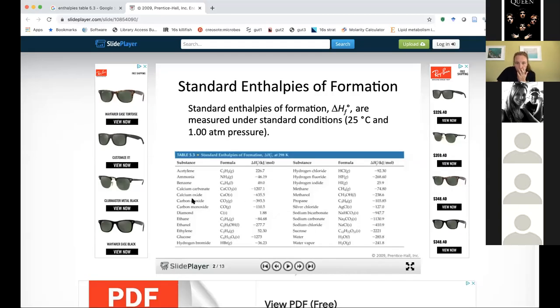The formation of carbon dioxide is negative 393.5 kilojoules per mole. And then the other equation we're given is about water. We've worked with carbon dioxide and water equations a lot, so these should be very familiar. The formation of water: hydrogen gas and oxygen gas react to form water with an enthalpy of formation of negative 285.8.